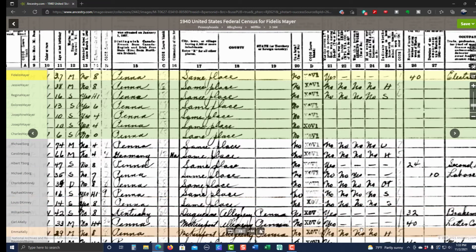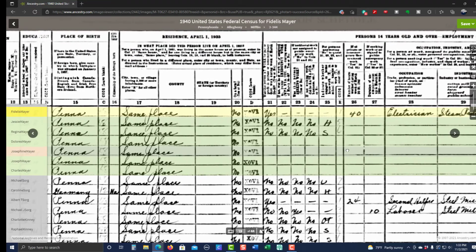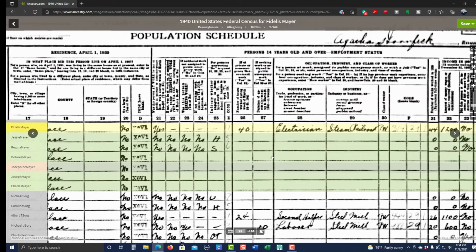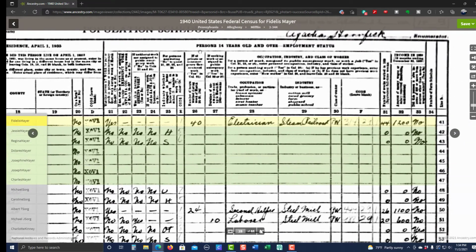Now, up here in column 20, it's asking whether this location they lived in 1935 was on a farm or not. Y for yes, N for no. In this case, she wrote out the answers there. Now we get over to column 21, and for the rest of this area, you can probably read this, although it's fuzzy.